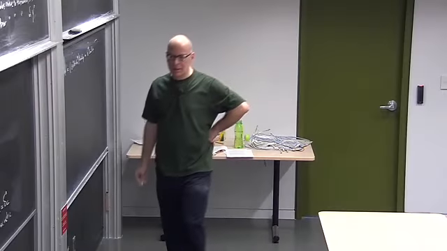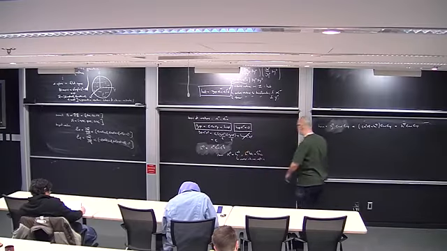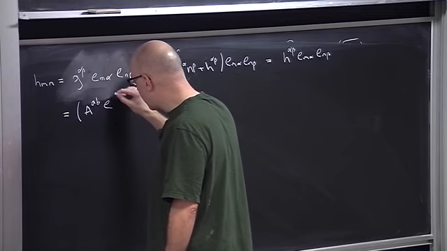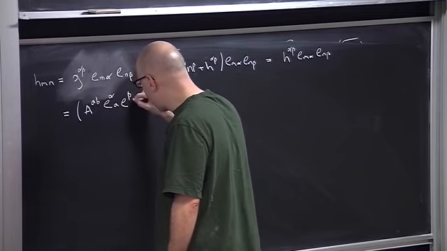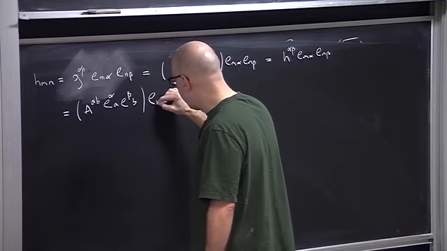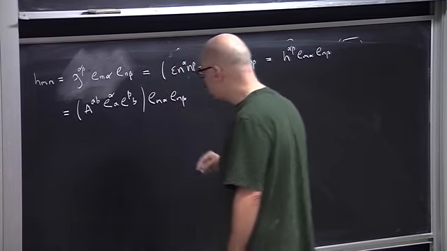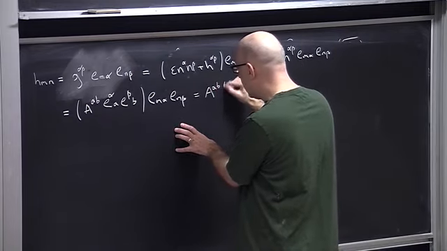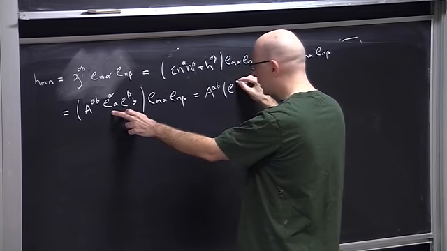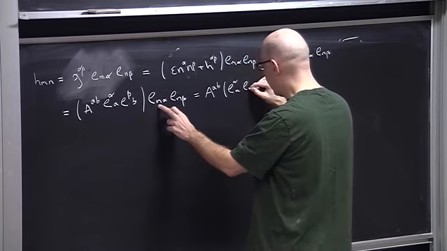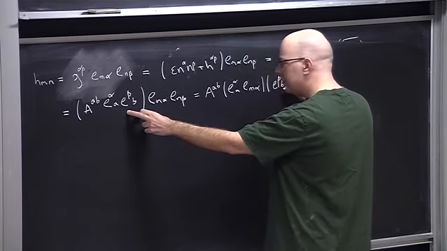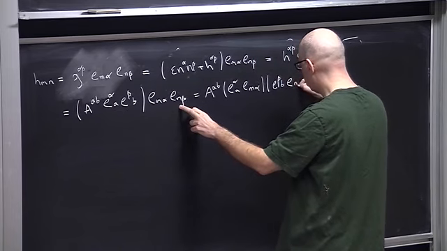Now, I'll incorporate this decomposition over here. So now we have A^{AB} that multiplies e_M^alpha, e_N^beta. And now we see what's going to happen. We have A^{AB} that multiplies the inner product between e_A and e_M. And after that, we have the inner product between e_B and e_N.